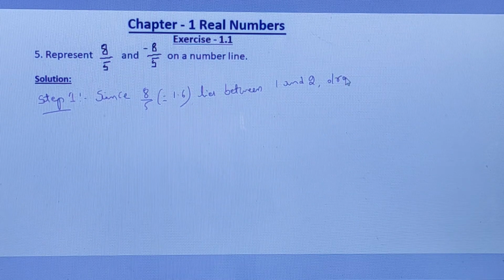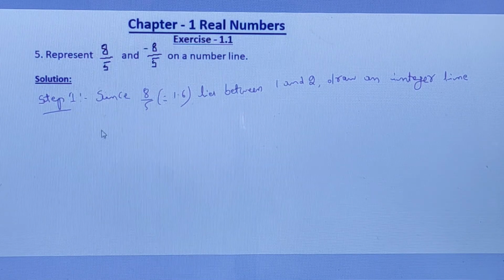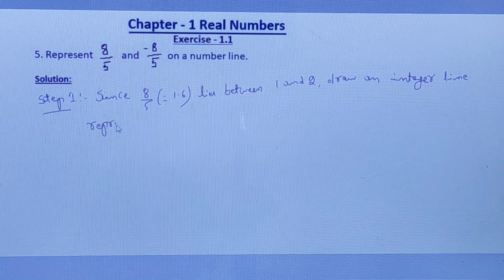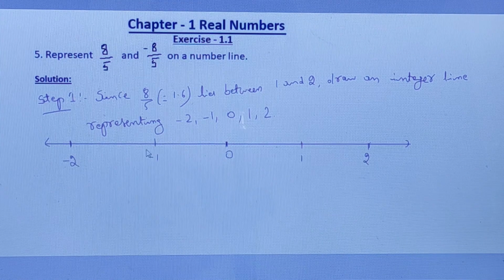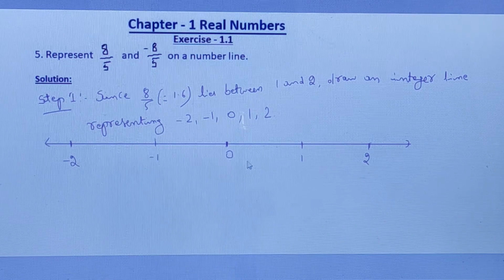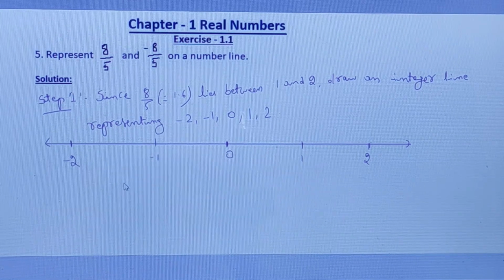Draw an integer line representing -2, -1, 0, 1, 2. This is an integer line representing 0, 1, 2, -1, -2.